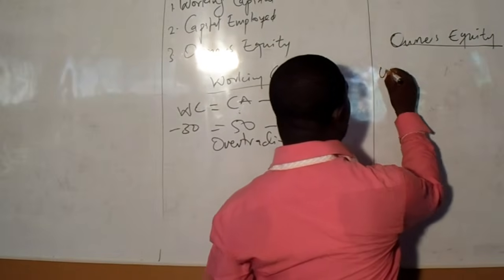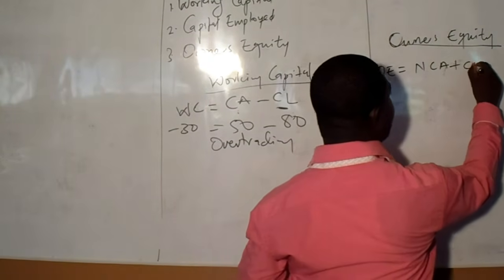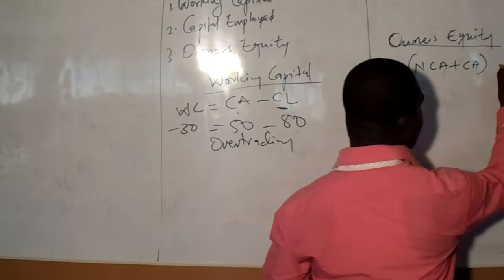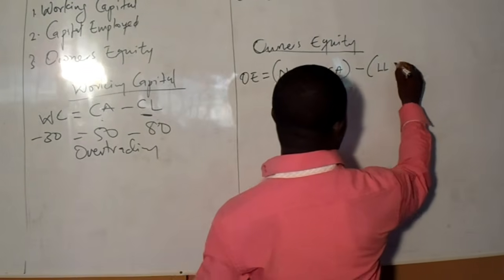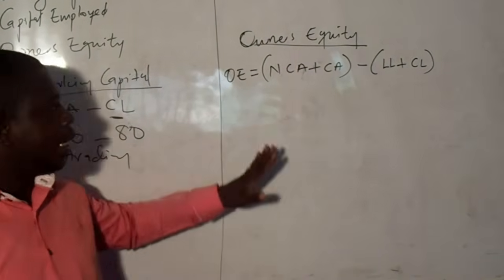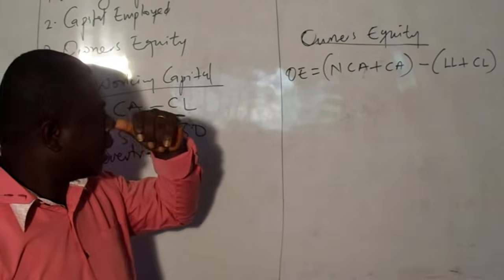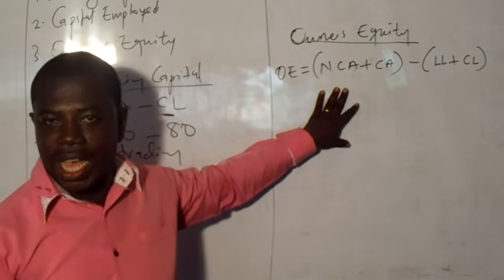So your owner's equity will be equal to your non-current assets plus your current assets, in brackets, minus your long-term liability plus your current liability. And this is the owner's equity. So it is netting off all your liabilities from your assets.